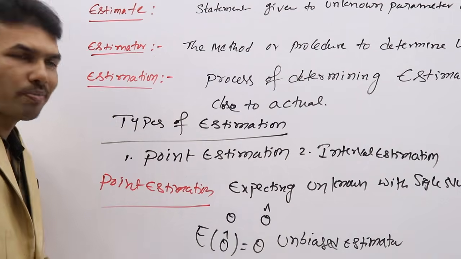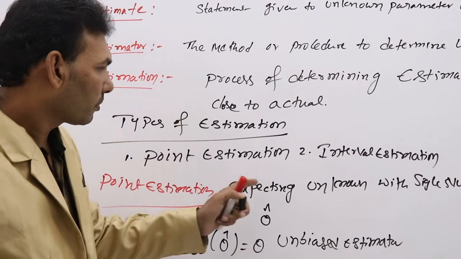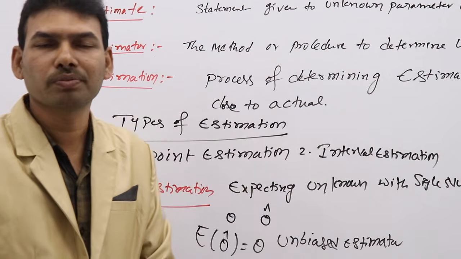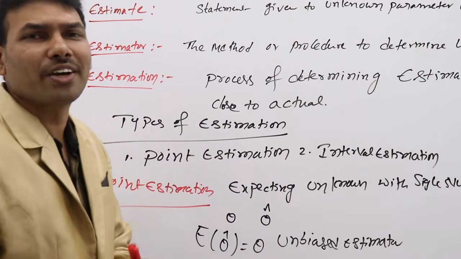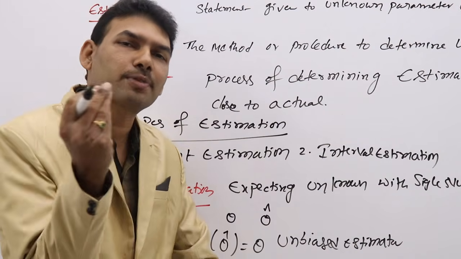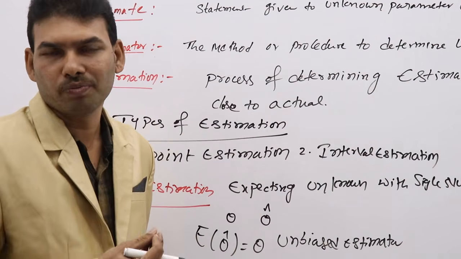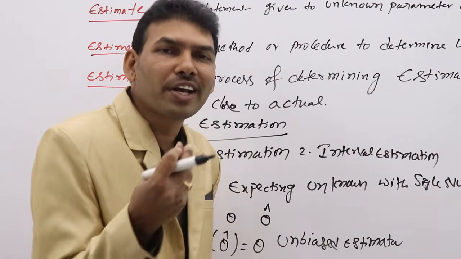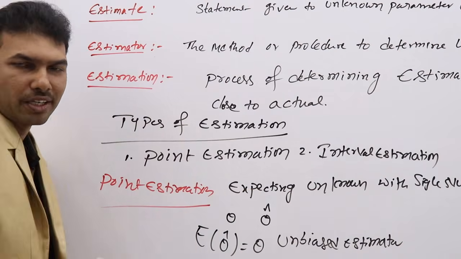So in point estimation like this, we expect the unknown parameter value. But point estimation rarely coincides with the actual, because you are expecting the unknown parameter value with a single numerical value. If you expect 50 and you get 51, that is not exact estimation.